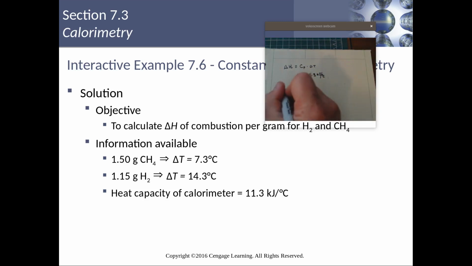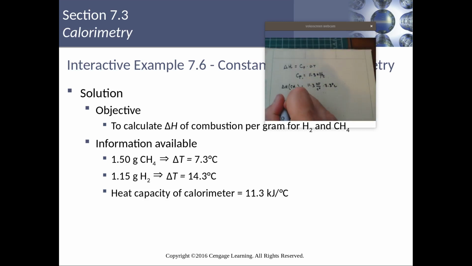Okay, so if I could then write that delta H of combustion of methane is going to be this heat capacity, 11.3 kilojoules per degree Celsius, times the delta T for that particular case, which in this case is 7.3 degrees.